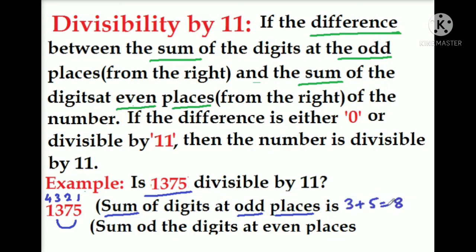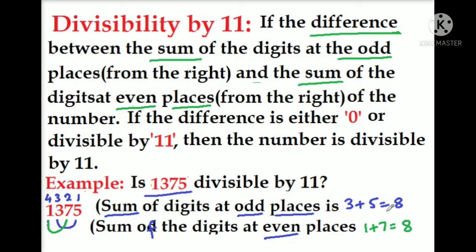Now sum of the digits at even places. At even places we have 1 and 7. So we'll add 1 plus 7 is equal to 8.